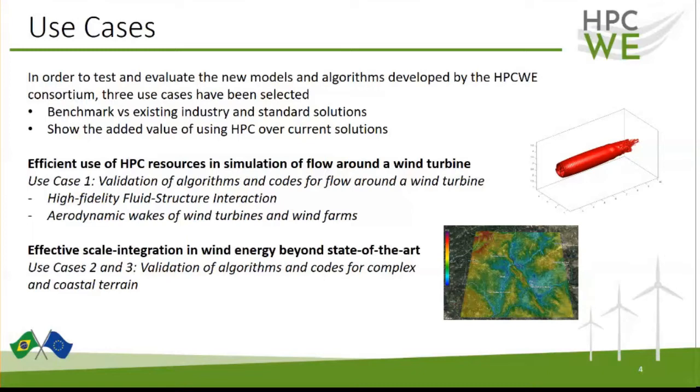We have this high fidelity fluid structure interaction that was the object of the prior presentation, and we have the aerodynamic wakes of wind turbines and wind farms. That's the subject of my presentation. And we also have this effective scale integration in wind energy beyond the state of the art. That's the object of use cases 2 and 3.